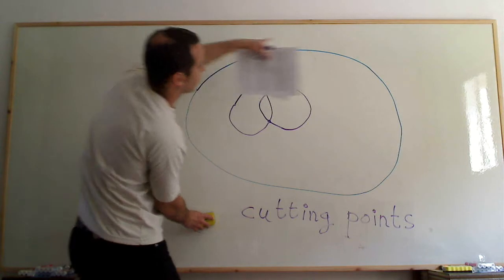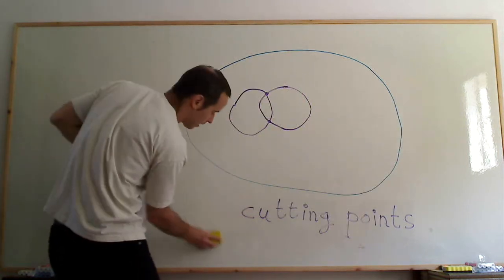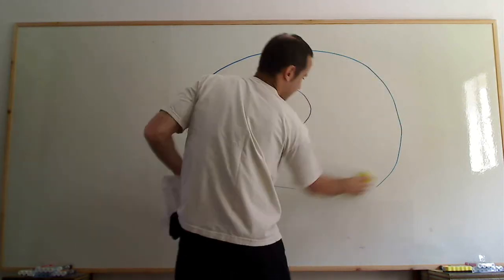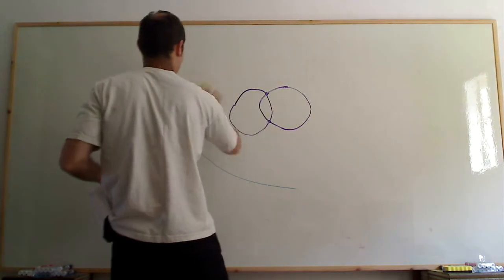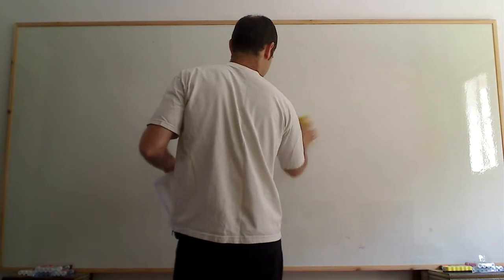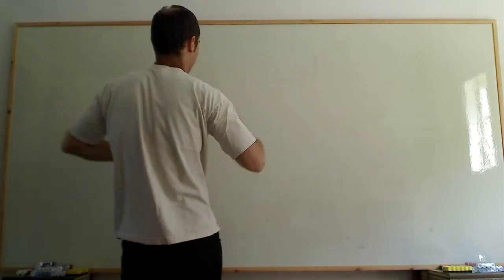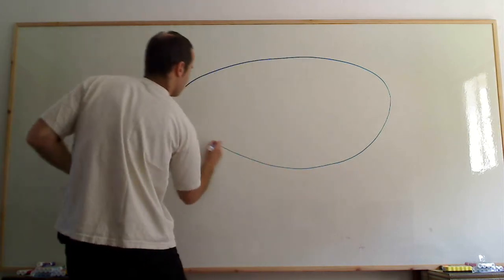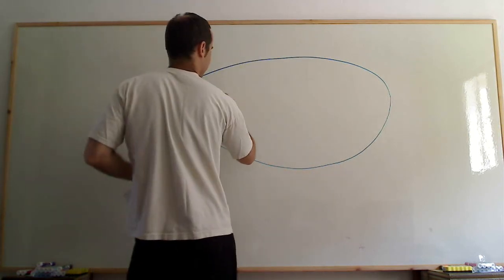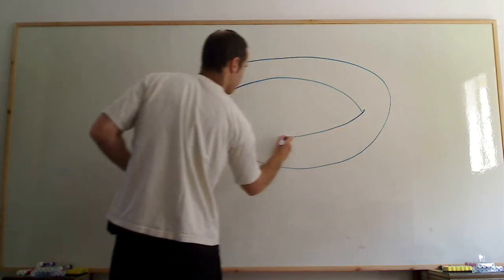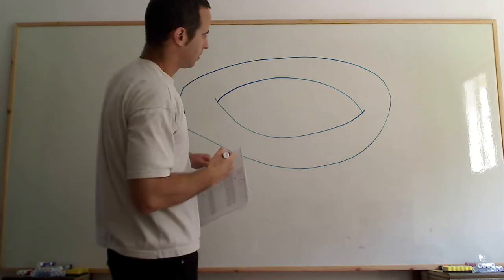So instead of the blue simply connected shape, we would have a donut. Okay, this is our donut.